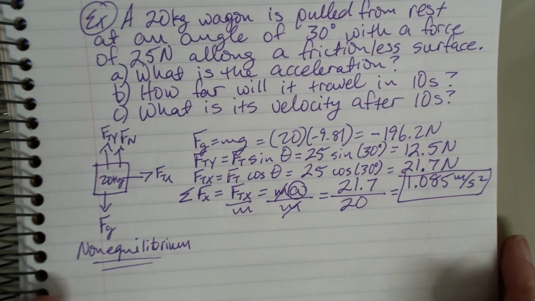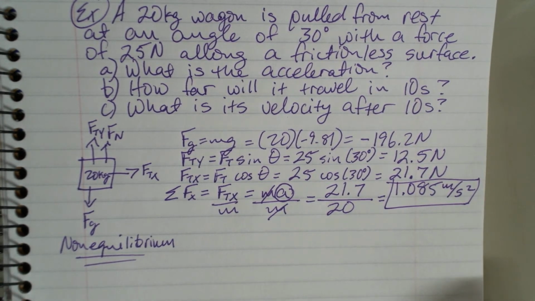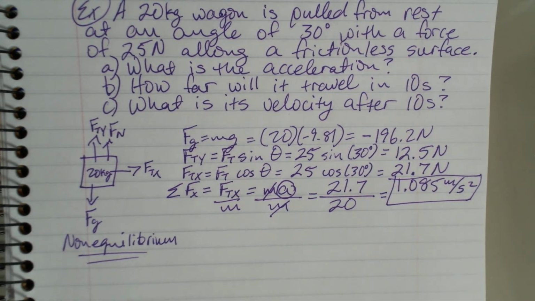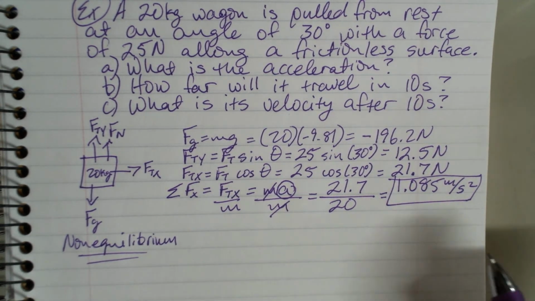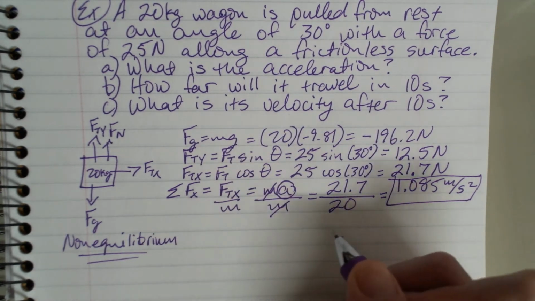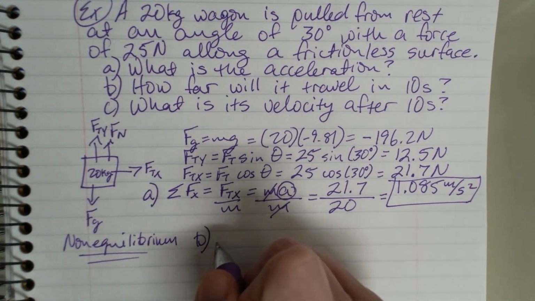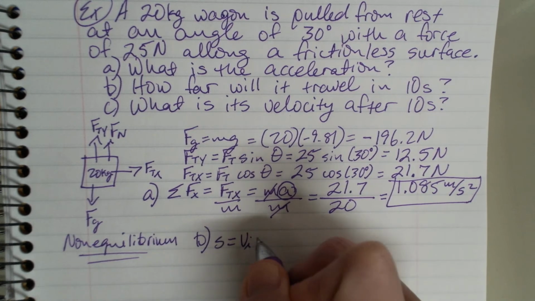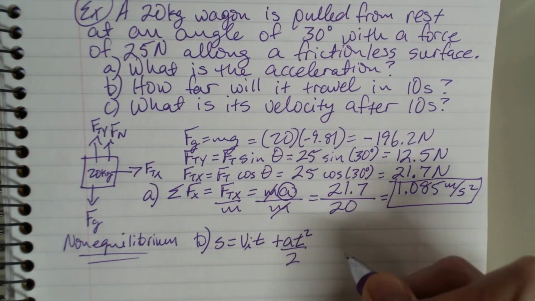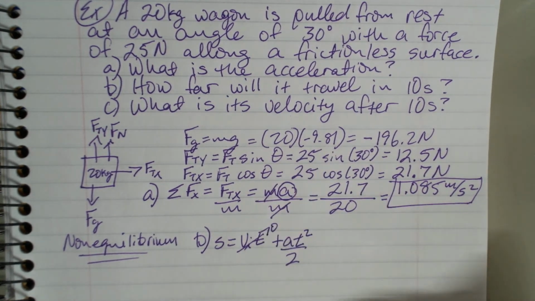Whatever you want. All right, so then I want to know how far it will travel in 10 seconds. Now that I have acceleration and I know that it starts at rest, I could use, so this was part A, and now I'll do part B, S equals V initial t plus a t squared over 2. My V initial is 0, so this part of the equation is 0.